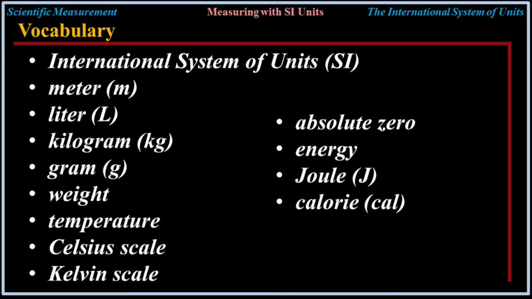Vocabulary: International System of Units, SI, meter, liter, kilogram, gram, weight, temperature, Celsius scale, Kelvin scale, absolute zero, energy, joule, it's pronounced joule, it's the last name of a person, and calorie.